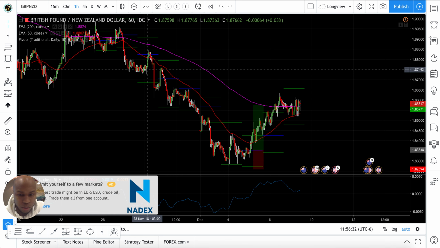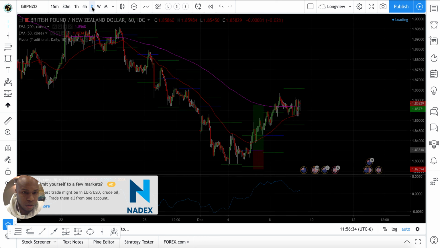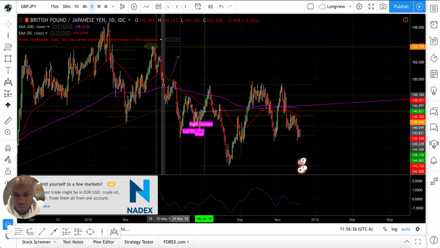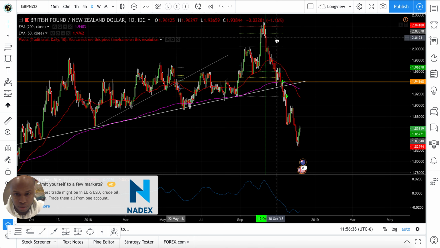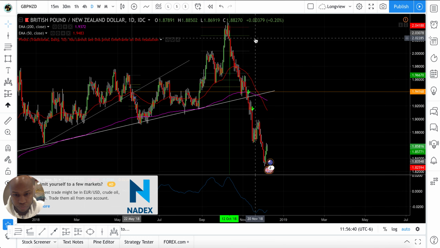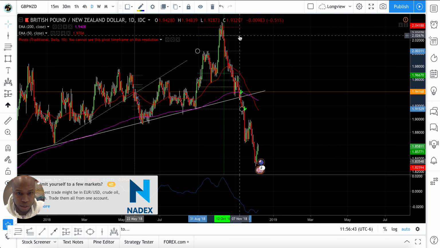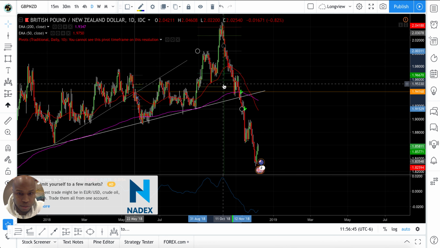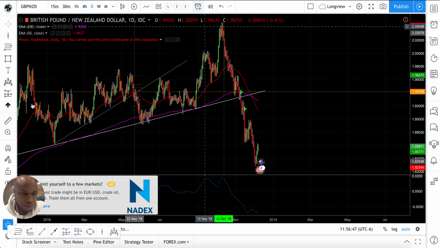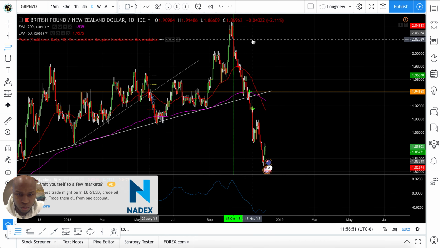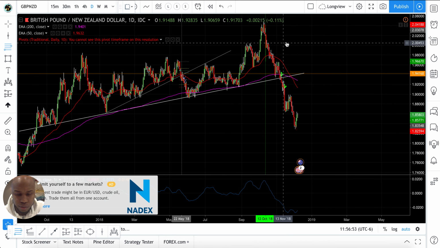I have no idea why I put these GBP pairs on the list for us to talk about. This looks interesting. Let's draw, I'm done with this fib. I don't need this one no more. But I do want to draw one from here.